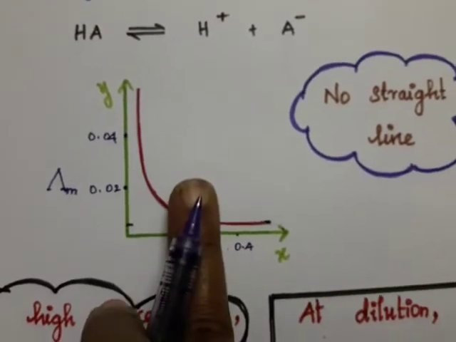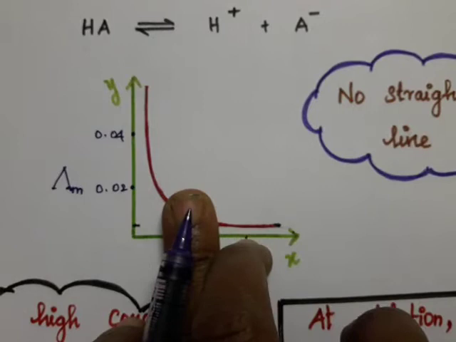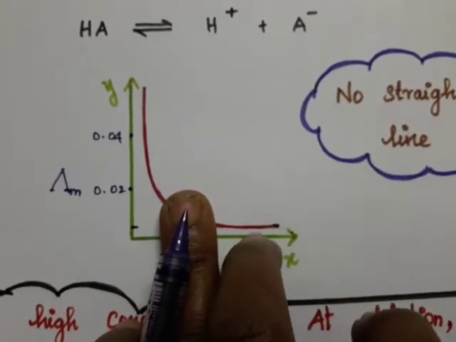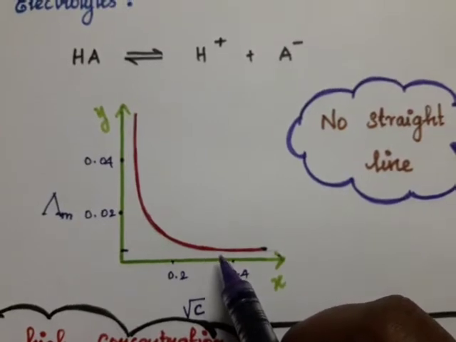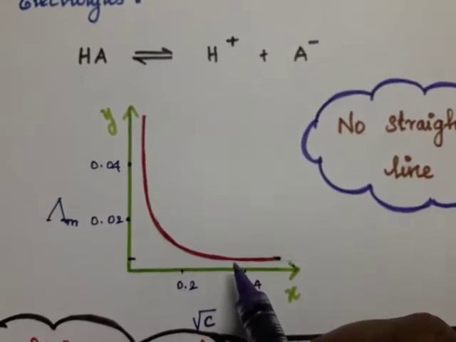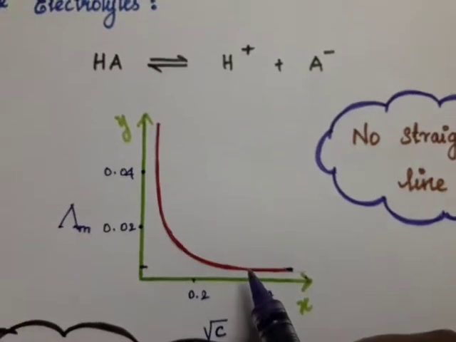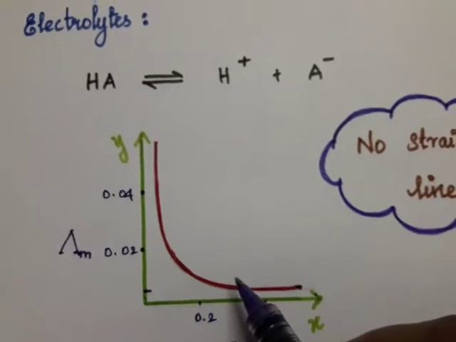See here, till this point, the x-axis line and the graphical line are parallel to each other, which means the molar conductance is very low.